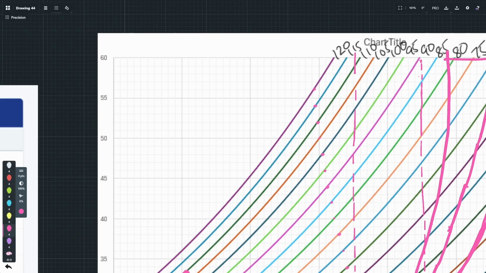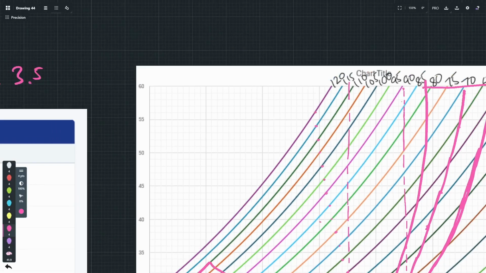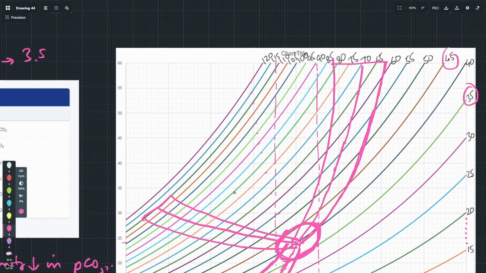Now again, this is the ideal, we can create this line by connecting these dots, and we can draw roughly like this.